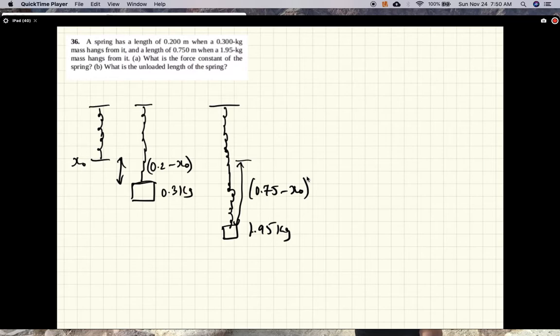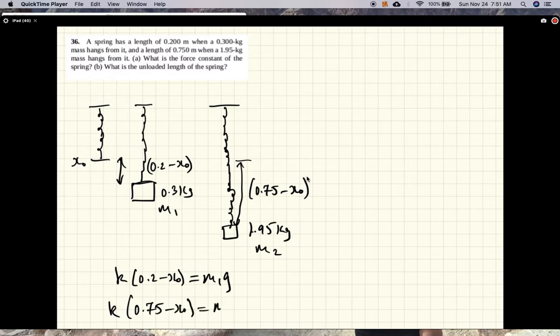Okay, so we'll call this m1, m2. So the equations we have are k times 0.2 minus x naught equal to m1g, and k times 0.75 minus x naught equal to m2g.